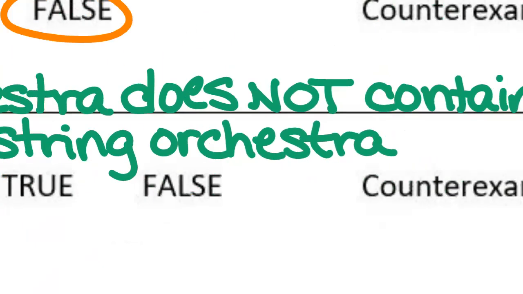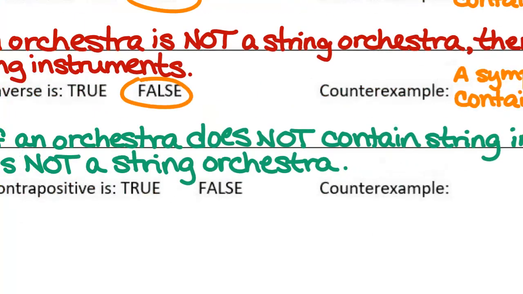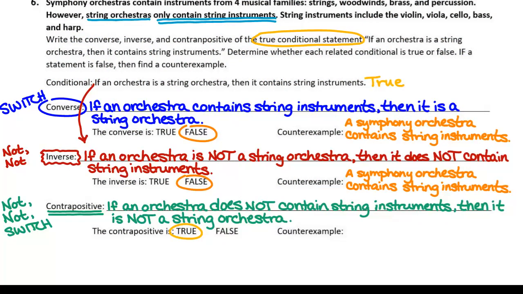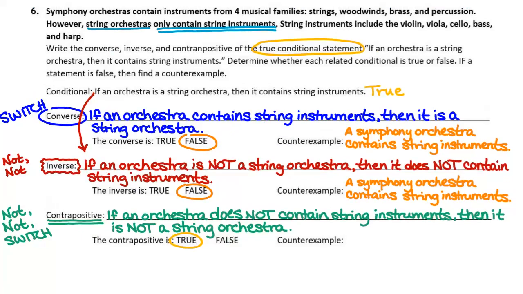Is that true or false? If it does not have string instruments, can it be a string orchestra? Nope. So that is a true statement. If there are no string instruments, it can't be a string orchestra.